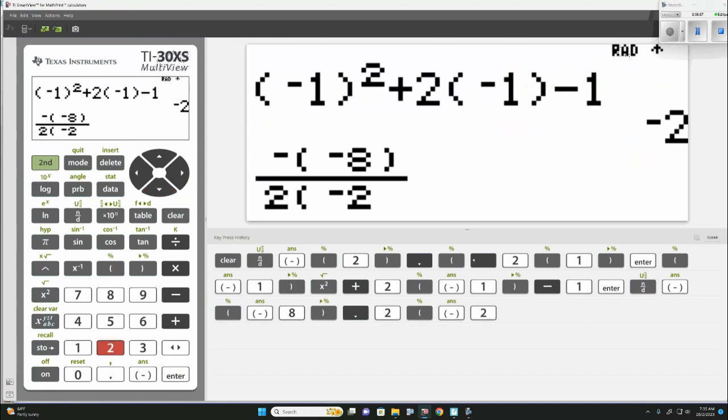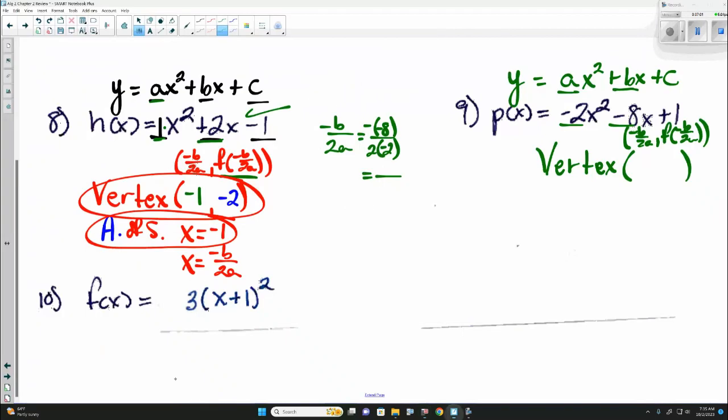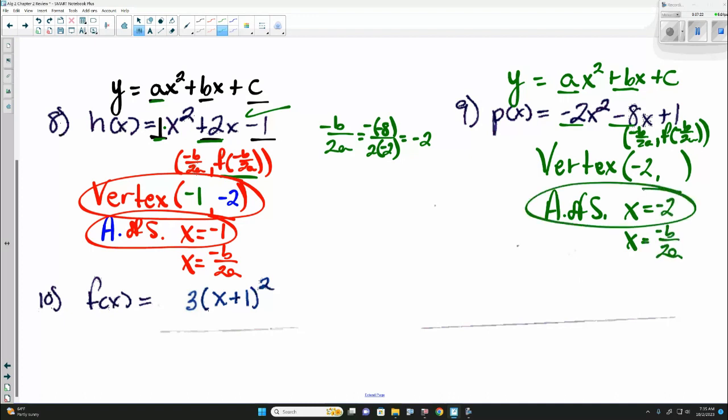Or you can type it in exactly as it is and give us the value of -2. So the x value of the vertex is -2. Incidentally, the axis of symmetry, x is equal to -b over 2a. So the axis of symmetry is x equals -2.